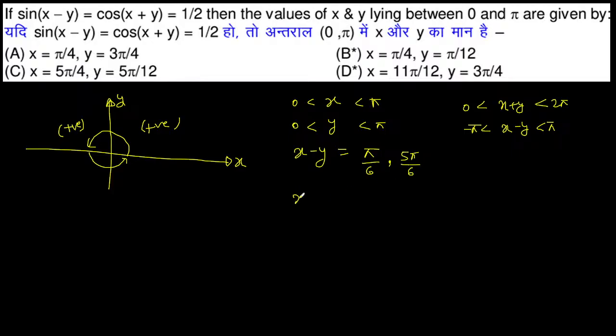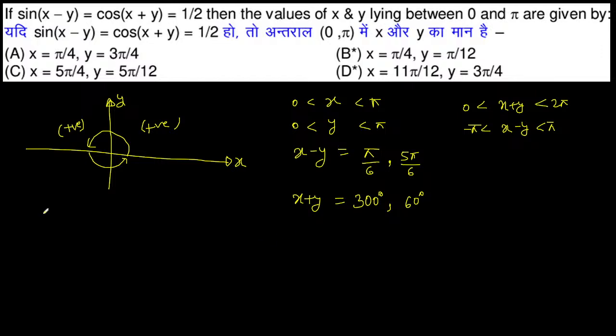Okay, and we have cos of x plus y equal to 1 by 2. So it is 360 minus 60 degrees. That means it is 300 degree, and one is 60 degree.